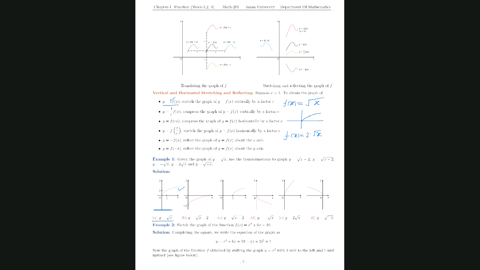Okay. So if I take here c equal to 2, 2 times square root of x, then what will happen? Stretch the graph of the function vertically by a factor of c. Vertically, the graph will be like that, okay.